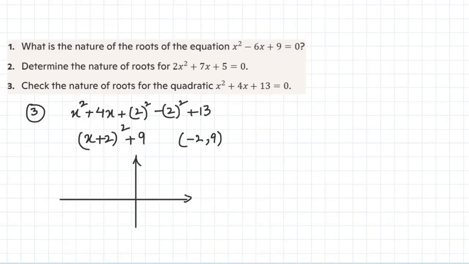Okay, so negative 2 and 9 is here somewhere. It's just a sketch, guys. It will look like this, right? So what do you observe? Okay, take your notes.